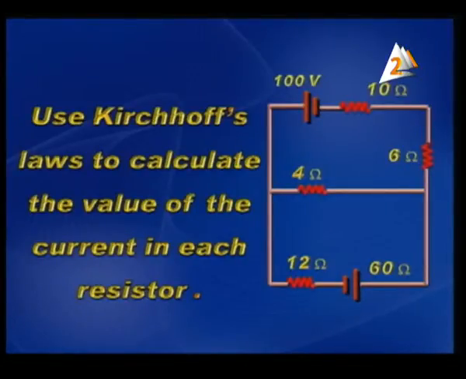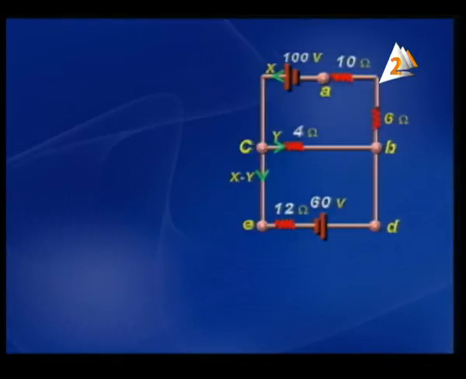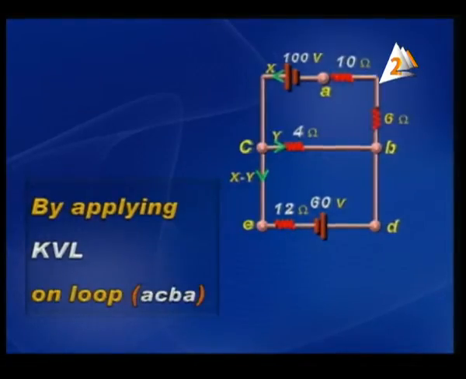So let the current passing through the main circuit issuing out from the 100 volt be X. The current entering the 4 ohm branch is Y, so the current through the 12 ohm will be X minus Y. It is shown in front of you.